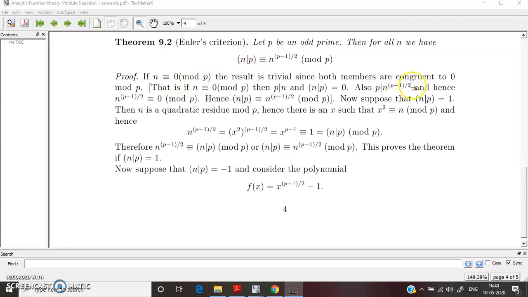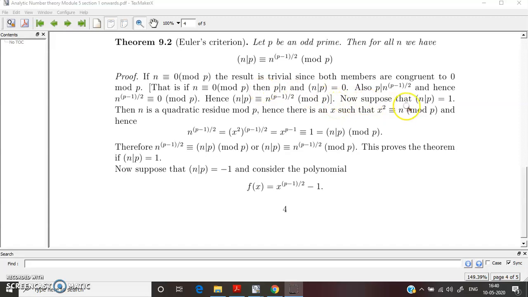If p divides n, the Legendre symbol (n/p) is 0, and n raised to (p minus 1)/2 is also divisible by p. So in both cases, n raised to (p minus 1)/2 is congruent to 0 mod p, and (n/p) is also congruent to 0 mod p. Combining these two, we get (n/p) is congruent to n raised to (p minus 1)/2 mod p.